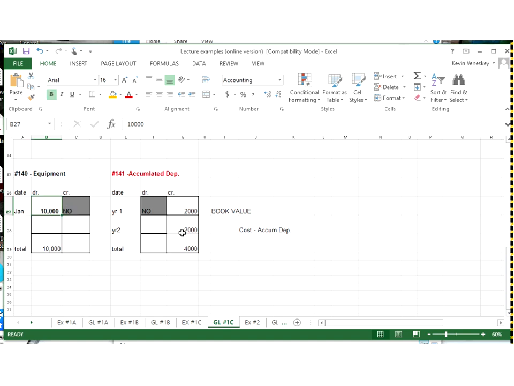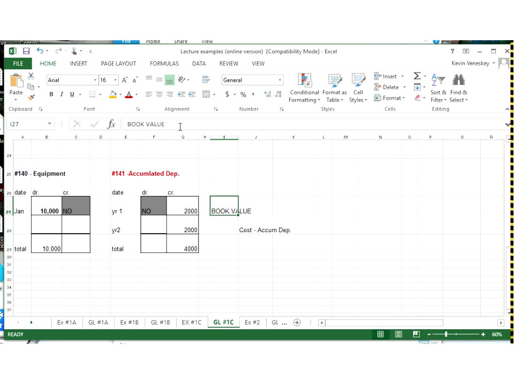But remember, these are kind of treated like a negative in the overall asset category. Even though they're a contra account, when I add them all up to my assets, these are looked at as a credit or as a negative in the overall scheme of things. So the book value is the 10,000 minus how much I've depreciated, which is 4,000, which gives me a book value, what that equipment is still worth on my books, of 6,000.